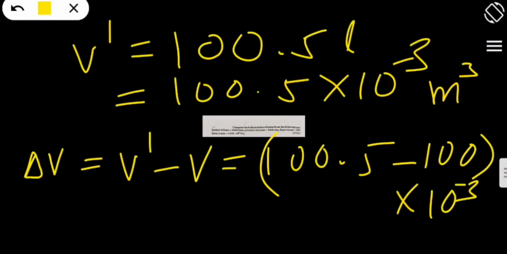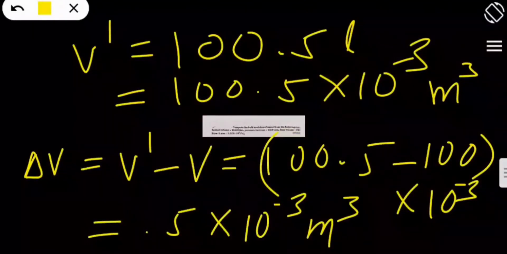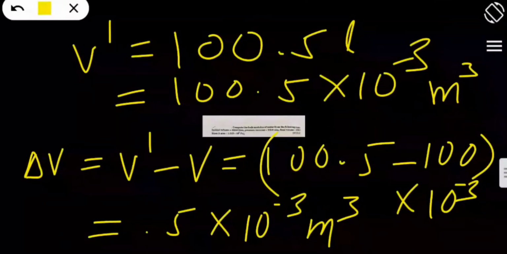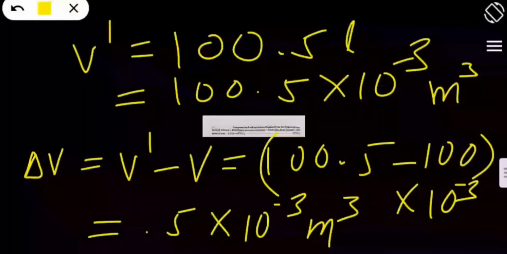So 100.5 minus 100 gives 0.5, that is 0.5 into 10 to the power minus 3 meter cube. This is delta V. Shall I rub?